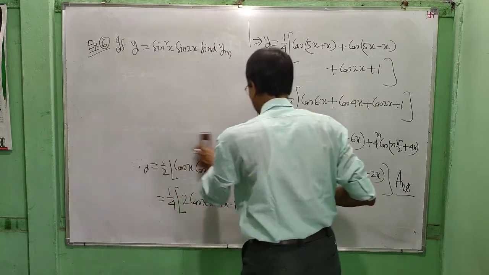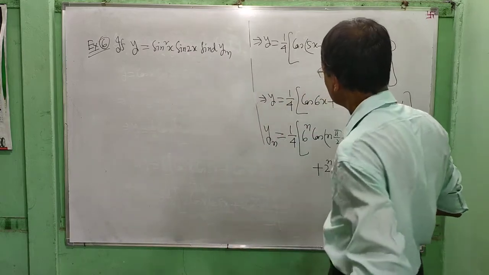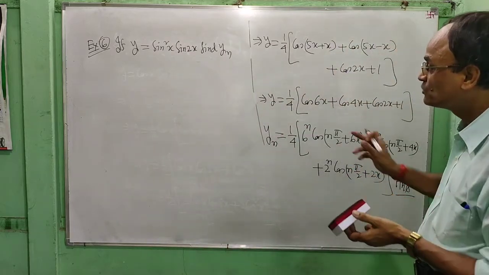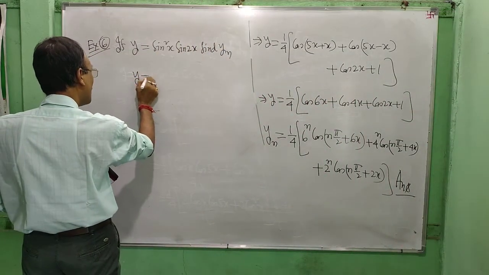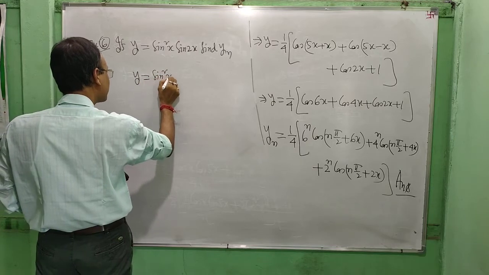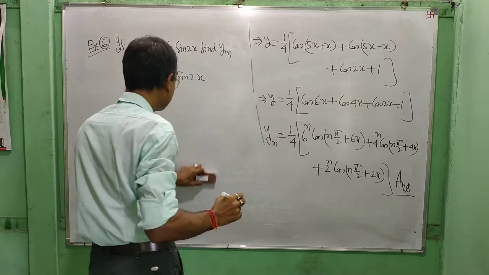If y equal to sin square x sin 2x. Now y is equal to sin square x sin 2x.